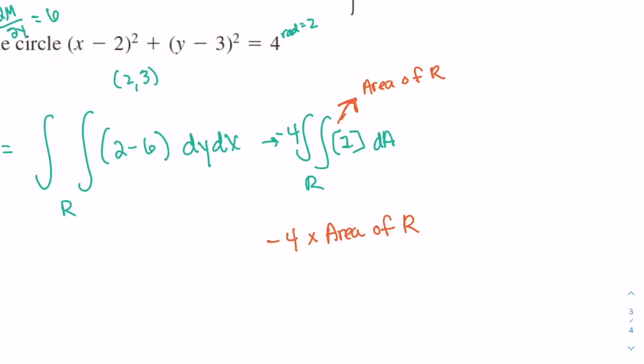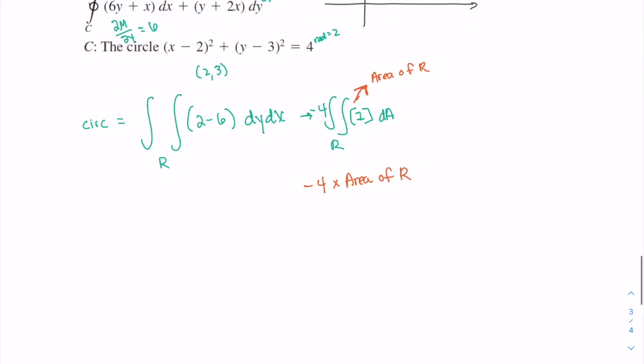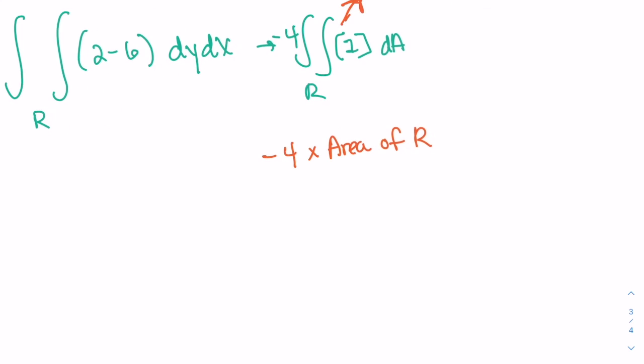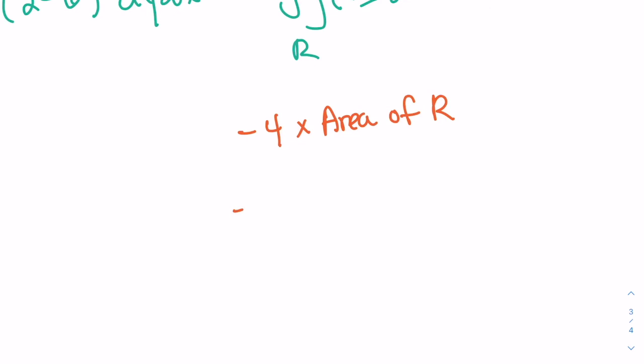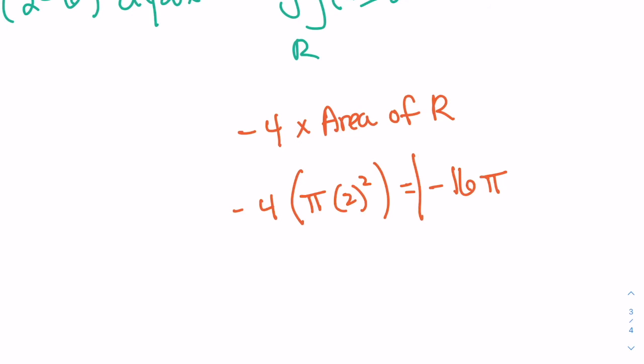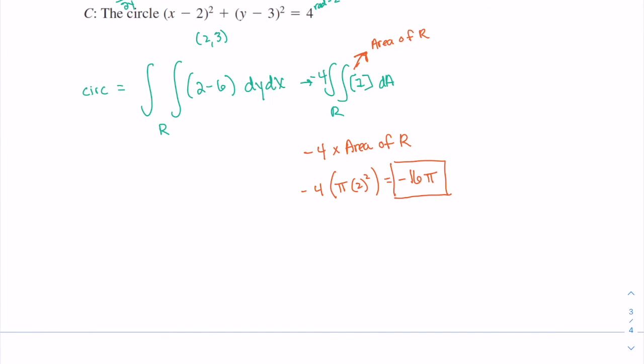Because we know it's just a circle of radius 2, we can do negative 4 times pi times 2 squared, which ends up giving us negative 16 pi as the answer.